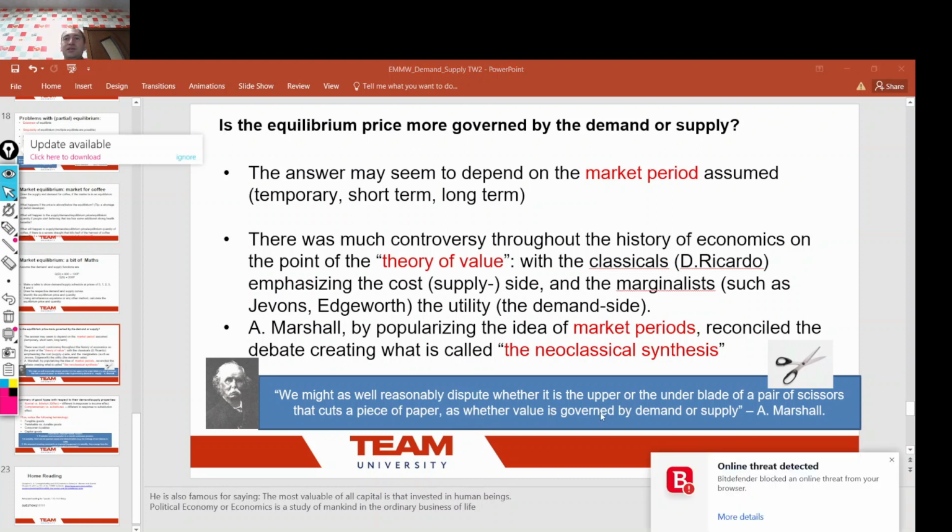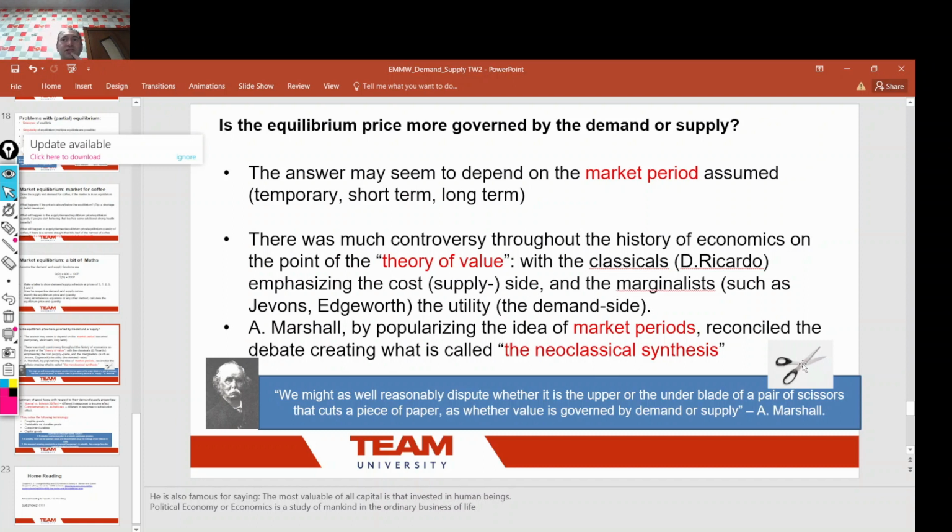It's just pointless. Demand and supply are factors acting simultaneously to determine the equilibrium price. You cannot just single out the demand and say that demand determines the equilibrium value of goods, right? That equilibrium price was previously referred to as a value, the theory of value, right?